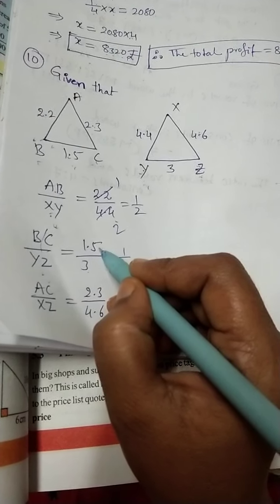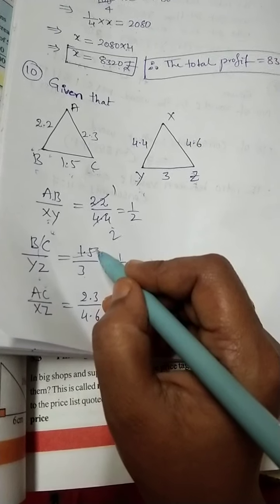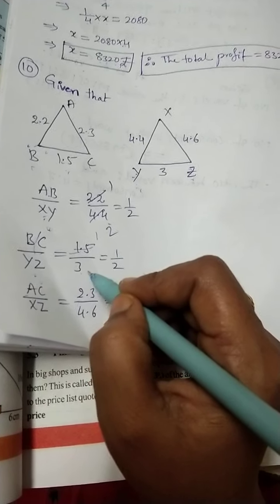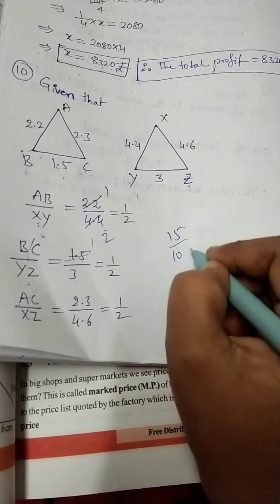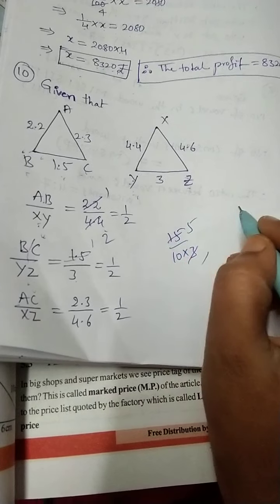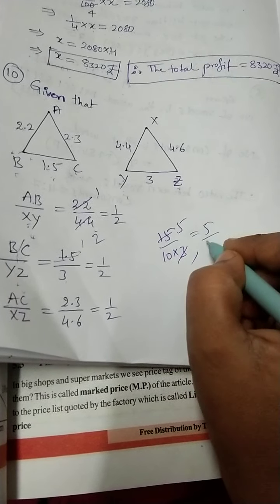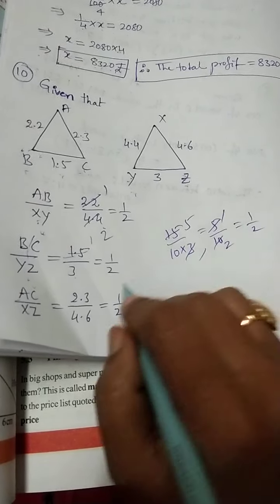Directly, 1.5 by 3 means 1 by 2. Otherwise you can take it like this also, 15 by 10 into 1 by 3: 3 fives are 15, so 5 by 10, and 5 ones are 5, 5 twos are 10, so 1 by 2 also we can get.